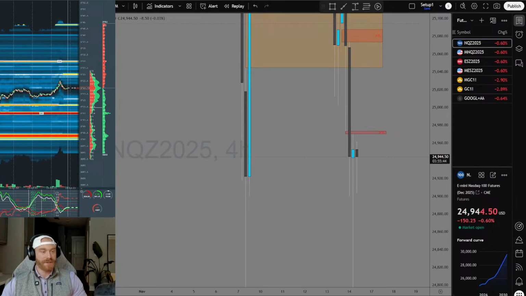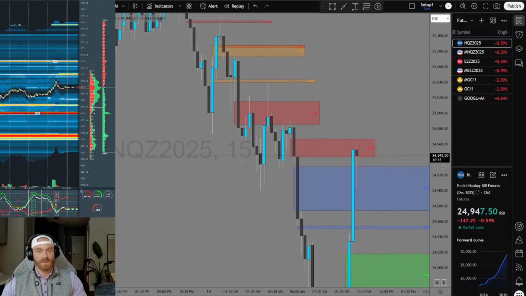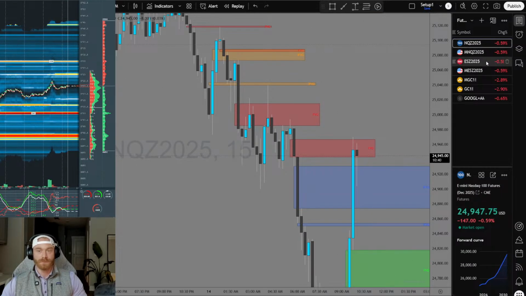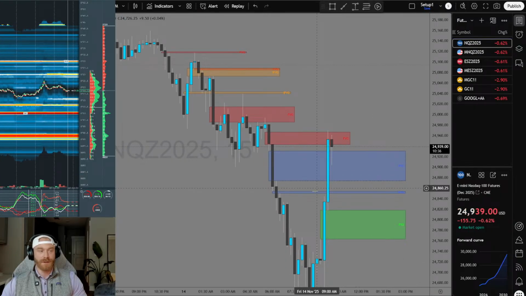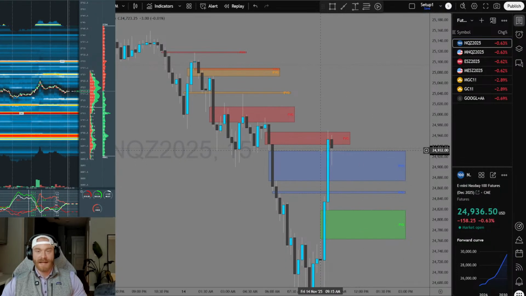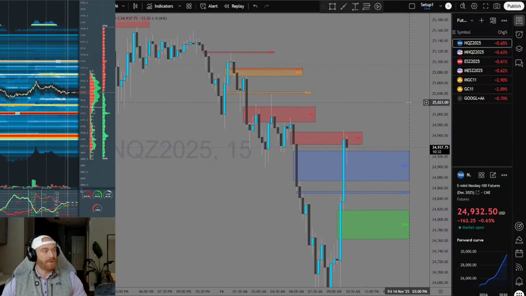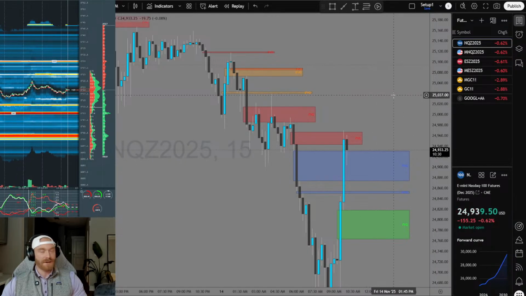So I'm not 100% sure what we want to do. It tapped right back into this 15-minute inversion here on NQ and pulled back on it. Now we're going back down. So a lot of orders to the downside on ES.